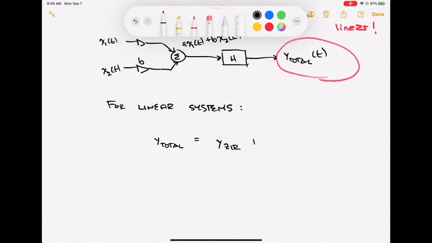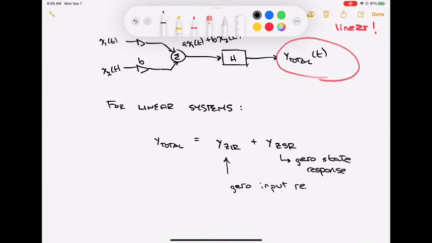So there's going to be a YZSR, the zero state response, and YZIR, the zero input response. So let's think about this just a little bit.